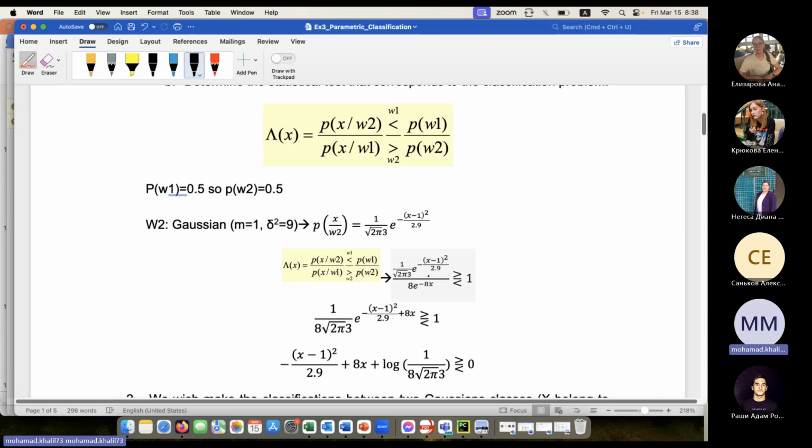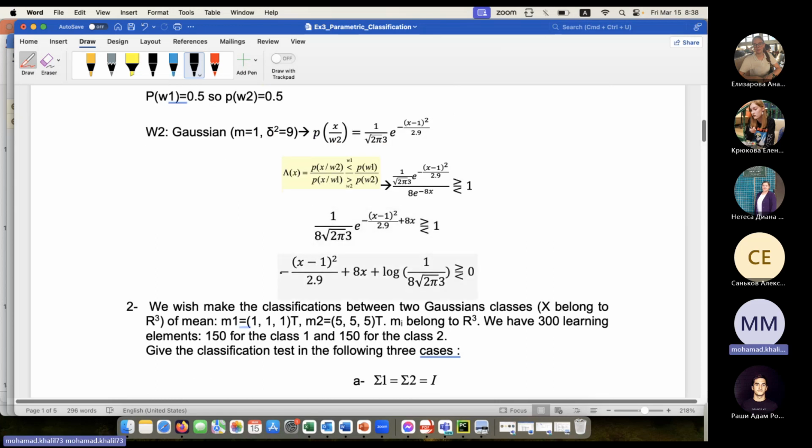We can simplify: 1 over 2 radical 3 pi times 8, exponential of this plus this. If greater than 1, class 1, less than 1, class 2. If you take the log of all of this, you have minus this plus 8x plus log 8 plus log, and the test is whether it is greater than 0.